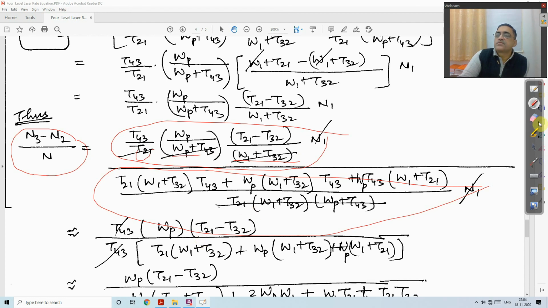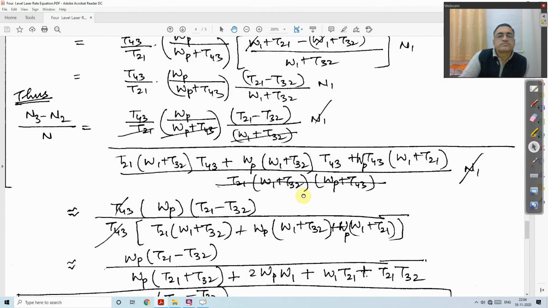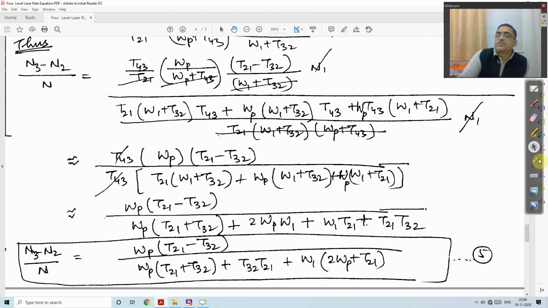And what remains is ultimately WP T21 minus T32 by WP T21 plus T32 plus twice WP plus W1 T21 plus T21 T32, without using any approximation up till here.